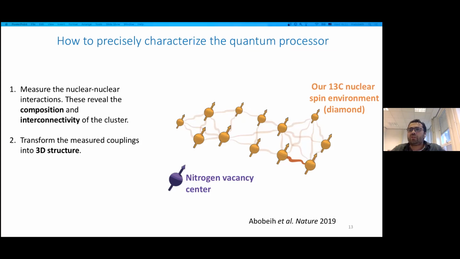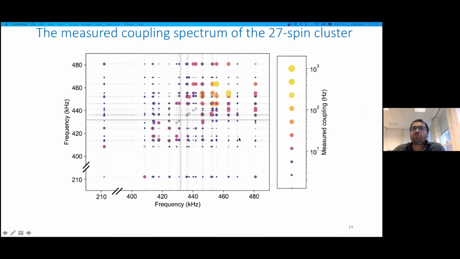In this paper, this is what we actually did. We developed multi-dimensional spectroscopy methods to very precisely measure the coupling between all of these nuclear spins, even if they are very weak, below even 1 Hertz. We could measure them.